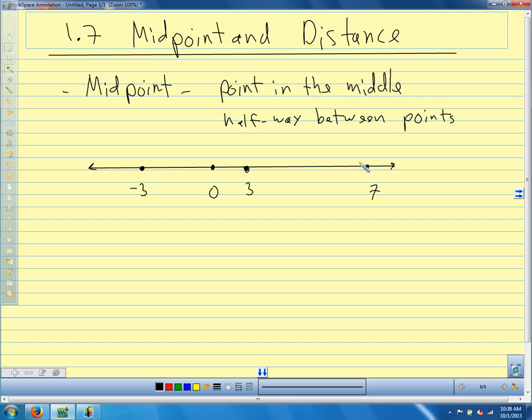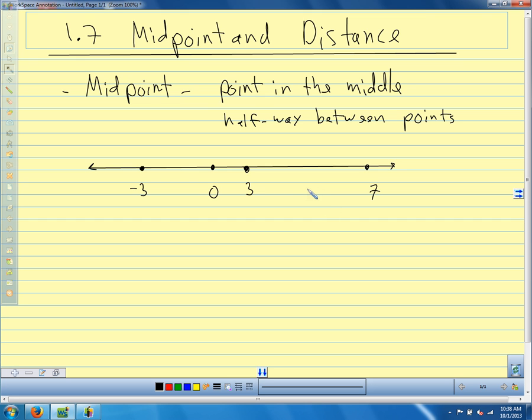So if we subtract these two, 7 minus 3 is 4, divided by 2 is 2. So what does that tell us? That our midpoint is, what is it? Hold on to that idea. If we subtract them and divide by 2, that tells us that the midpoint is 2 units away from each of these. So what point would be 2 units away from 3 and 2 units away from 7?